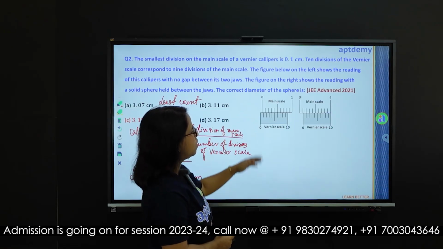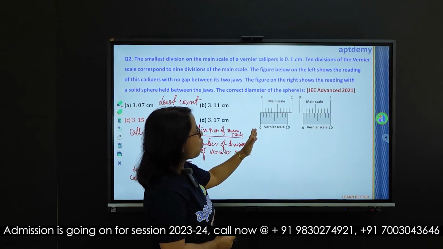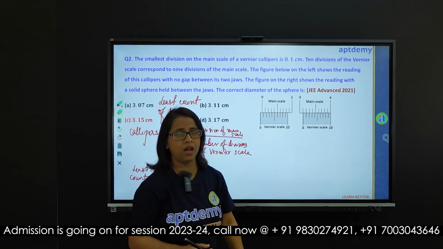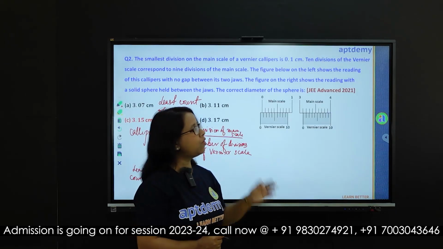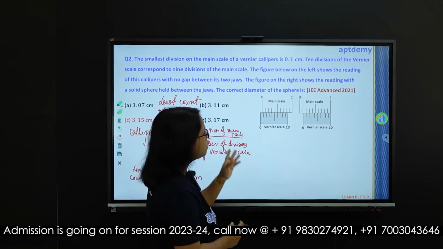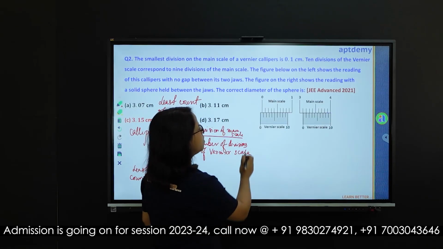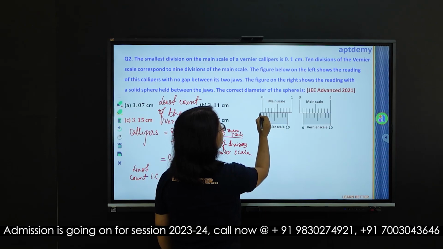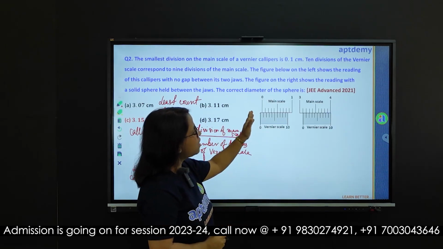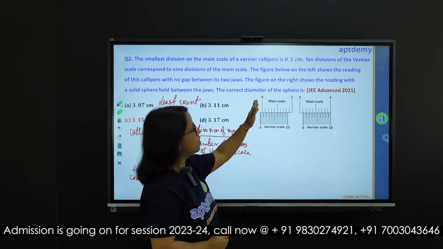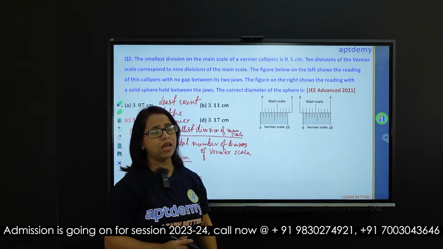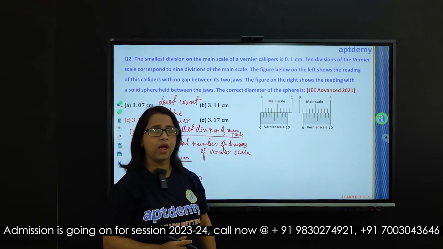If the 0 of the vernier scale is exactly in line with the main scale, then this suggests that the vernier calipers is free from zero error. Now, in this case, we can see that the 0 of the vernier scale is slightly towards the left of the 0 of the main scale. If this is the case, then it is a case of negative zero error.